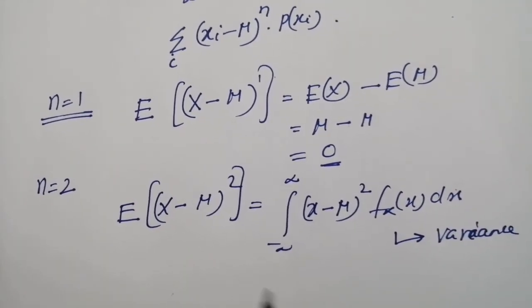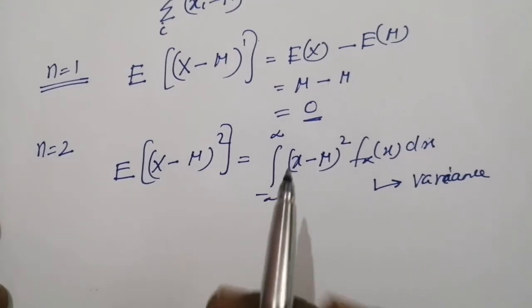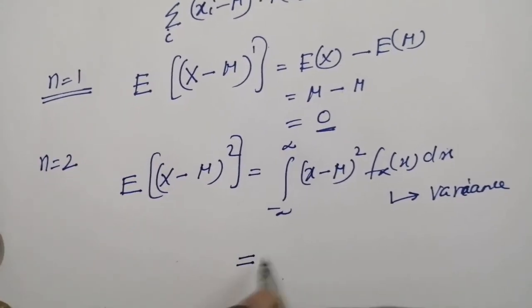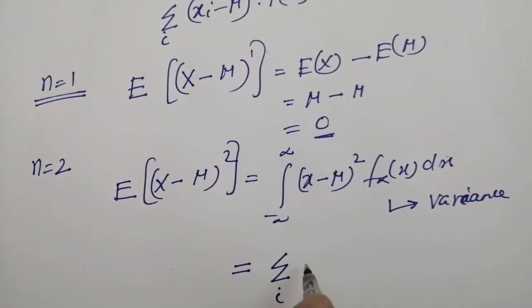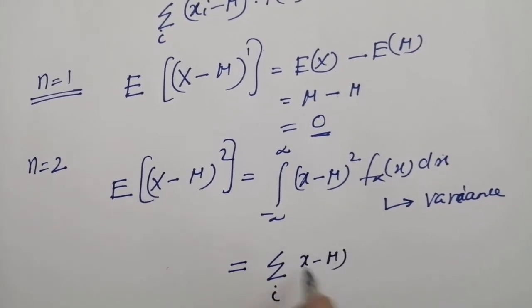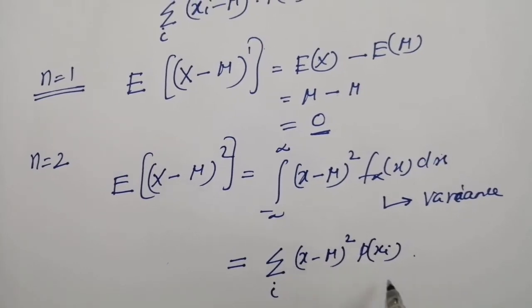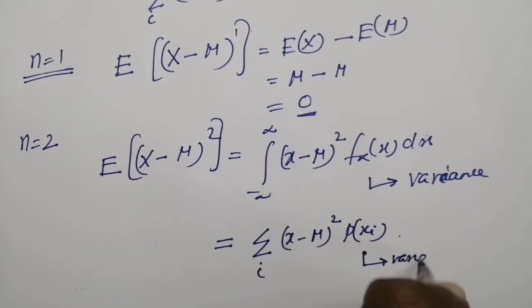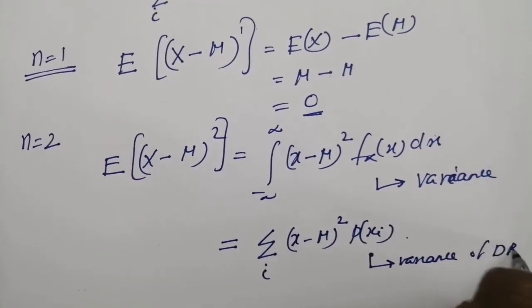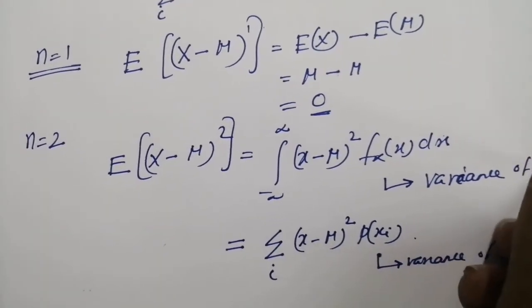So we can say that variance is the second central moment. In the case of a discrete random variable, this can be written as the sum over i of (x_i minus mu) square times p(x_i). So this is the variance of a discrete random variable, and the earlier one is the variance of a continuous random variable.